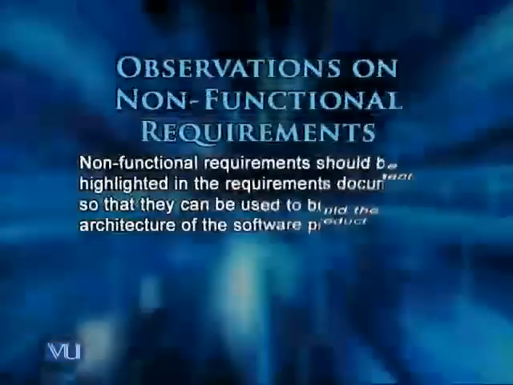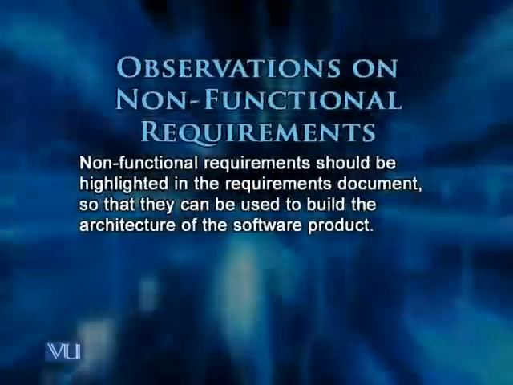Obviously, when there is a conflict, there needs to be conflict resolution, and conflict resolution can only be achieved by negotiation. Non-functional requirements should be highlighted in the requirements document so that they can be used to build the architecture or framework of the software product.